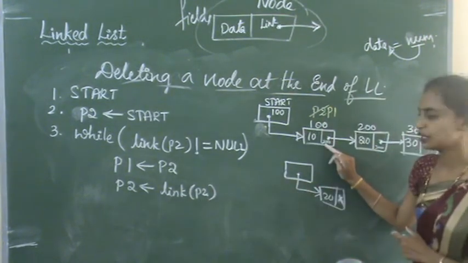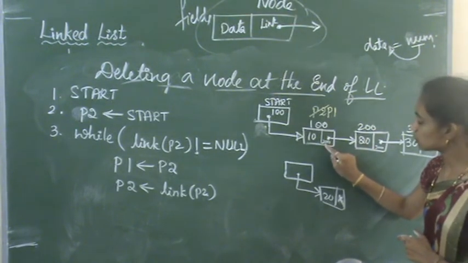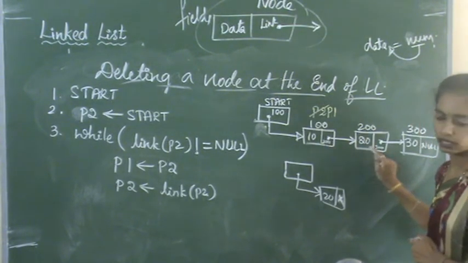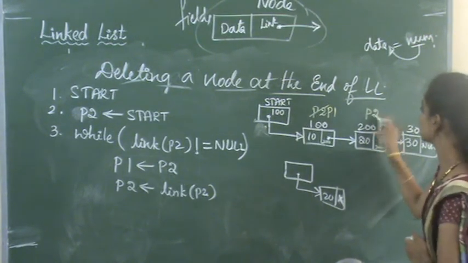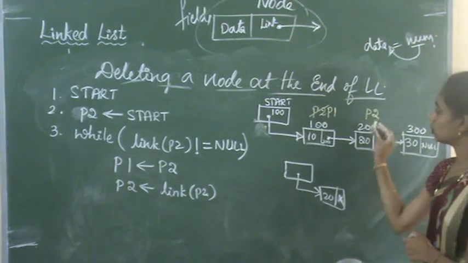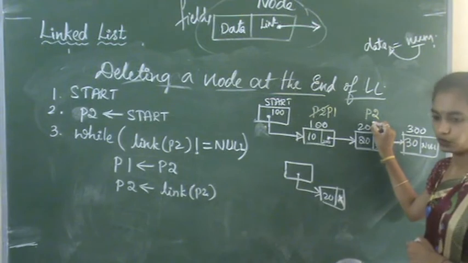What is link of P2? Link of P2 is 200, right? So the node at 200, where it is linked, I make that P2. Now this becomes the P2 node.